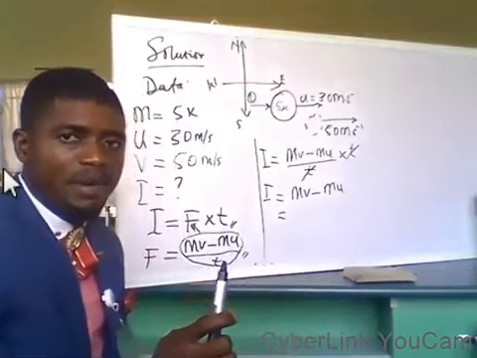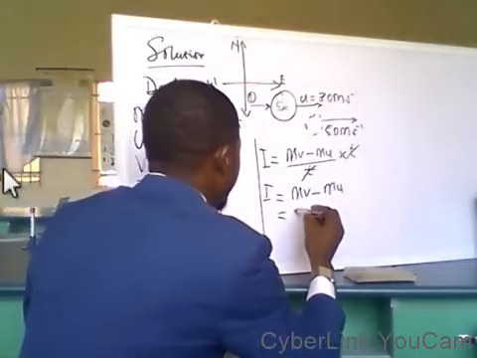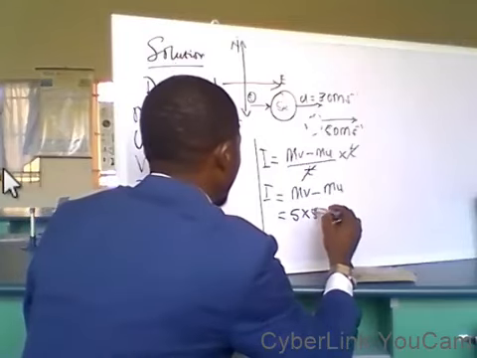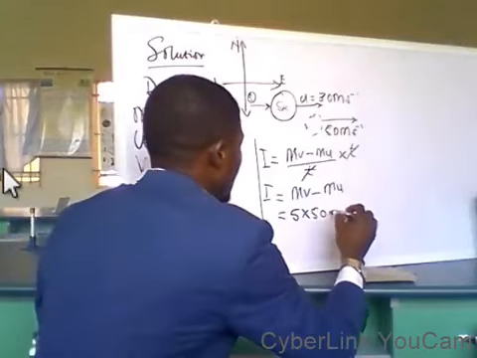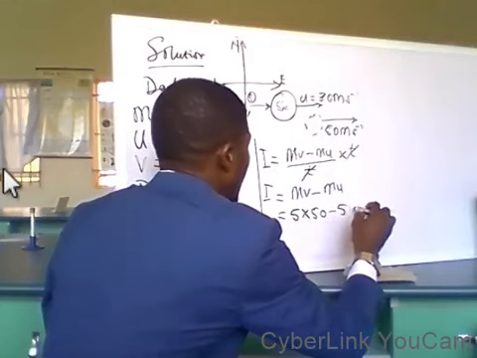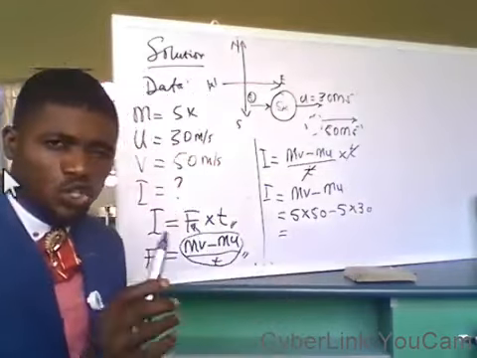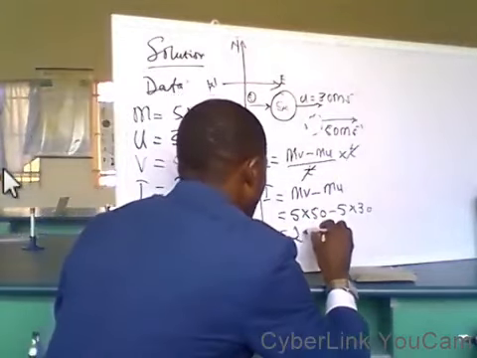Mind you, our m remains the same. So our m is 5 times 50 minus 5 times 30. 5 times 50, that is 250.